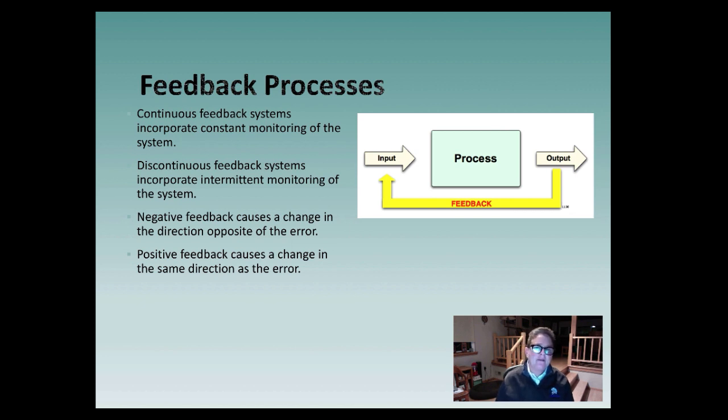The feedback that you get is in the direction opposite of the change. So here's an example. If I were running through the park and I hit the edge of the surface and my ankle turned towards the grass, most likely I would get information feedback quickly enough so that my ankle can turn back towards the road and I don't fall onto the grass.